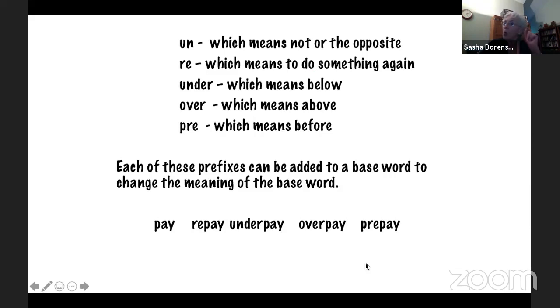Okay, so take one base word and just maybe 3 or 4 prefixes, you don't have to do 5 or 6, and say, okay, if I stuck these 2 morphemes together, what would the word mean? And we're really lucky that I chose repay, underpay, overpay, and prepay, because all of those are real words, aren't they?